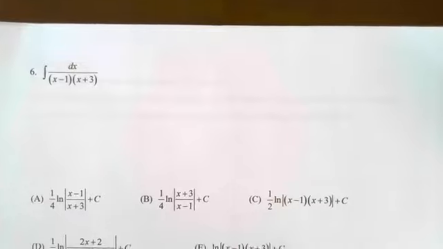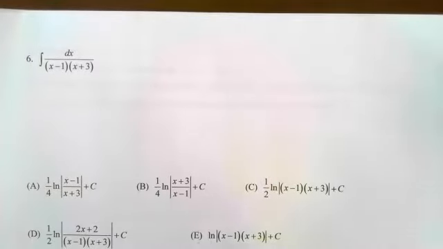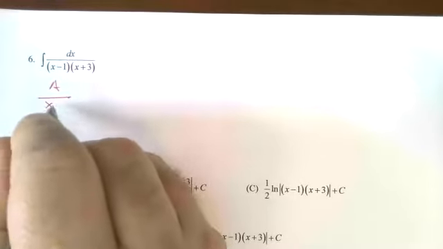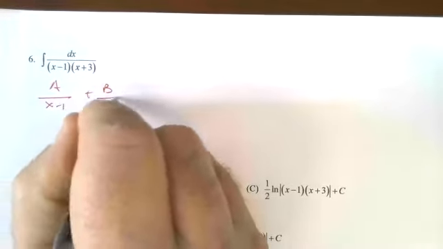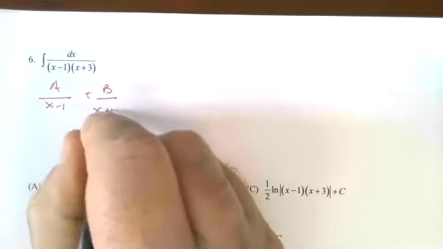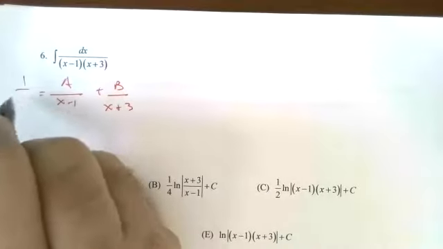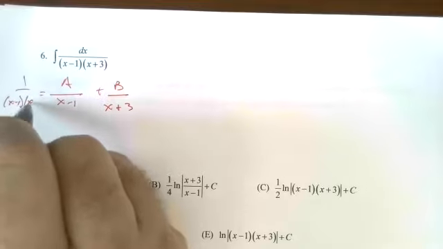All right, so number 6, an integral. We have this whole partial fractions thing to figure out. So that would be 1 over x minus 1, x plus 3.